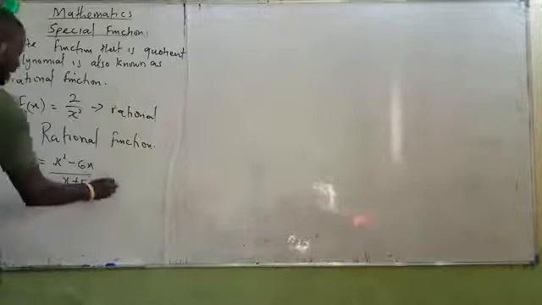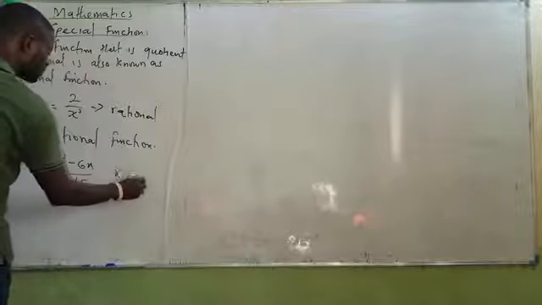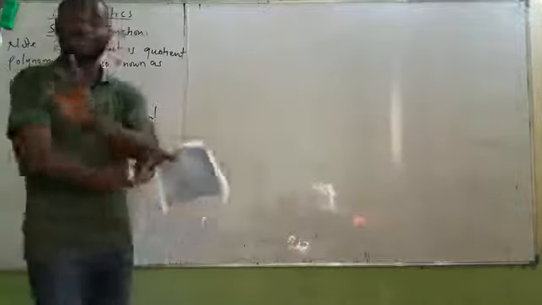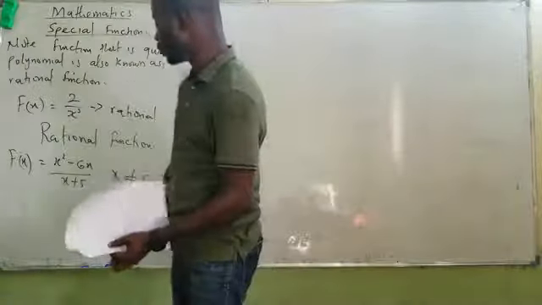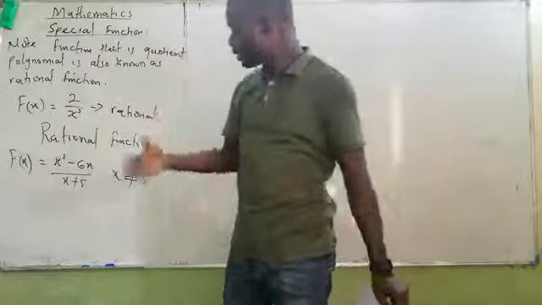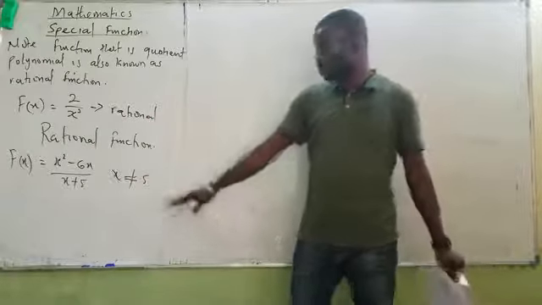Note, my x must not be equal to minus 5. When my x equals minus 5, there is a big problem. The big problem is what? The number will not exist on the number line, because it will be undefined. Please take note of that.